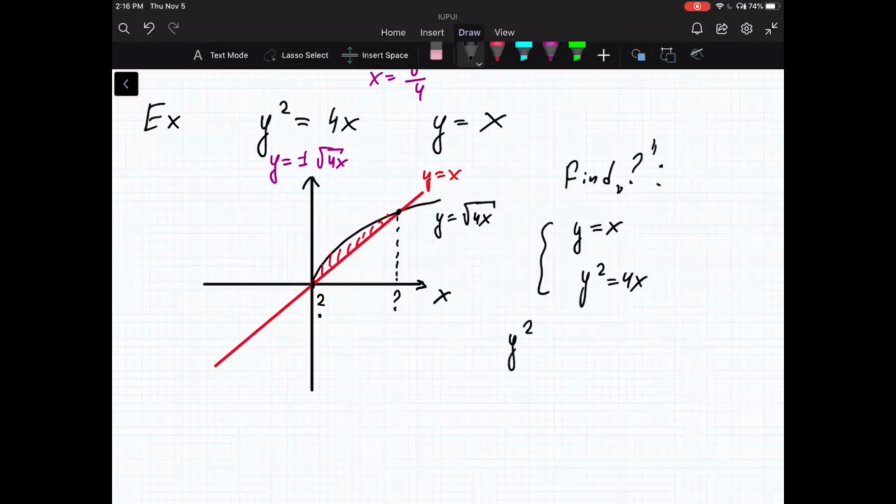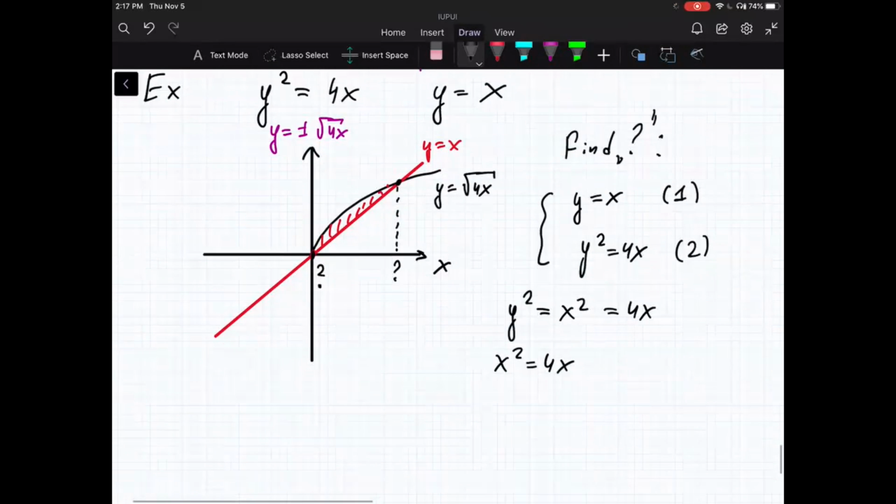that y squared is equal to x squared because of the first equation. And because of the second, y squared is equal to 4x. And so you get that x squared is equal to 4x. And you can write it in this way, that x squared minus 4x is equal to 0.